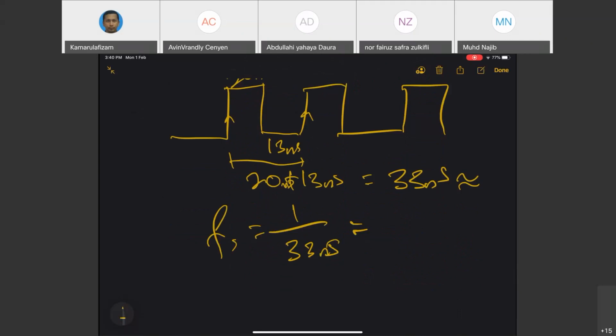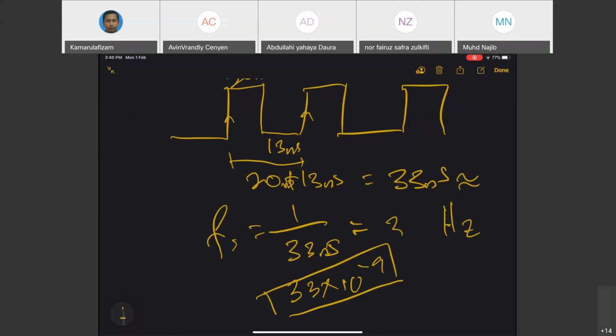Nanosecond, guys. Betul kan? So berapa hertz kat sini? I must get something in hertz. Some kind of megahertz or something. 30.3 megahertz. 30.3. Yes. All right.